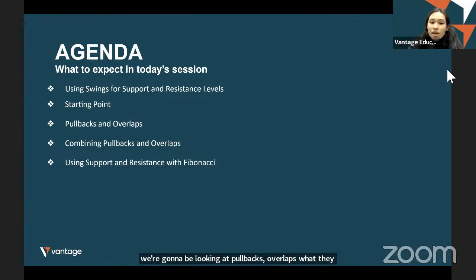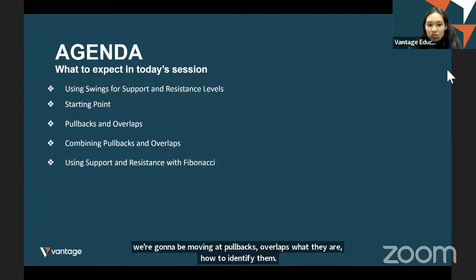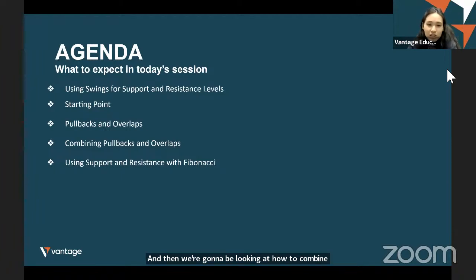Then we're going to be looking at how to combine these pullbacks and overlaps to ensure that you have the most accurate analysis. Lastly, we're going to be looking at combining what we've learned for the pullbacks, overlaps, support, and resistances with our Fibonacci levels.